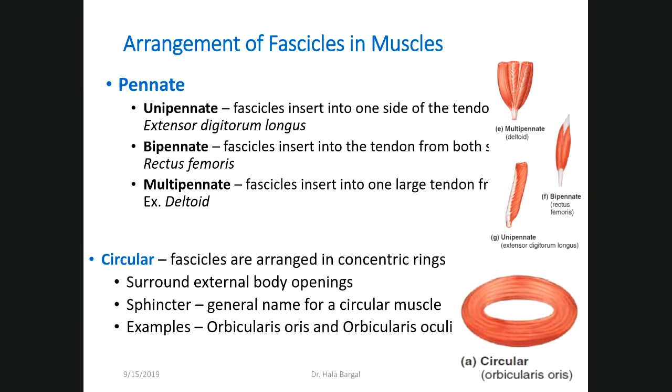Then circular, the fascicles are arranged in a circular pattern, like the orbicularis oris. We learn it in the next lecture. Orbicularis oculi is the circular muscle around the eye, and orbicularis oris is the circular muscle around the mouth. Also, sphincter is a general name for a circular muscle.